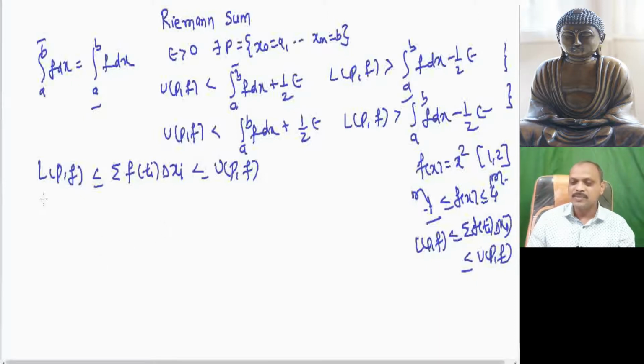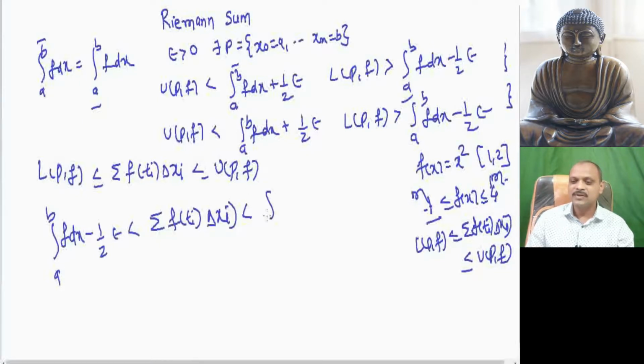But what is L(P,f)? L(P,f) is greater than the integral of f from a to b minus 1/2 epsilon, which is less than the summation of f(ti) Δxi, and U(P,f) is less than the integral of f plus 1/2 epsilon.